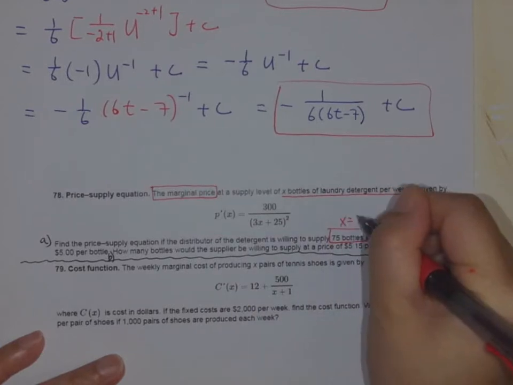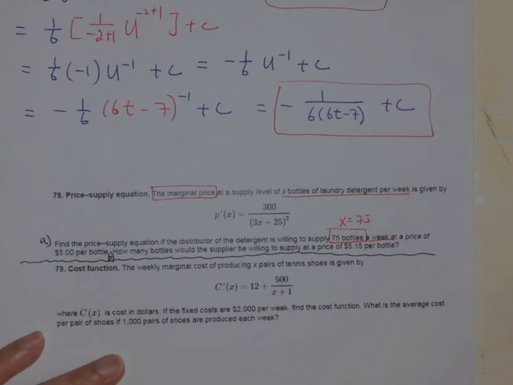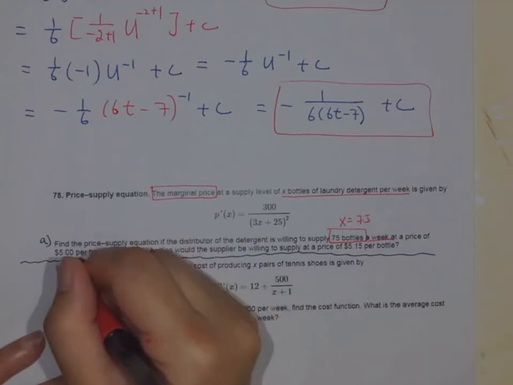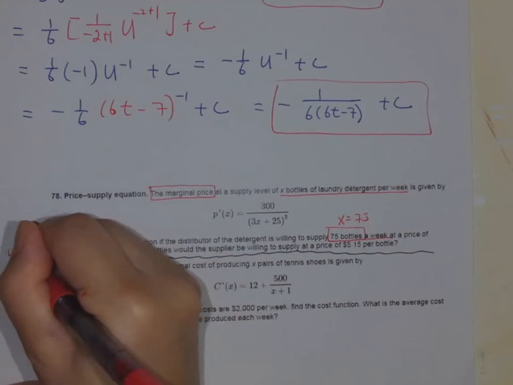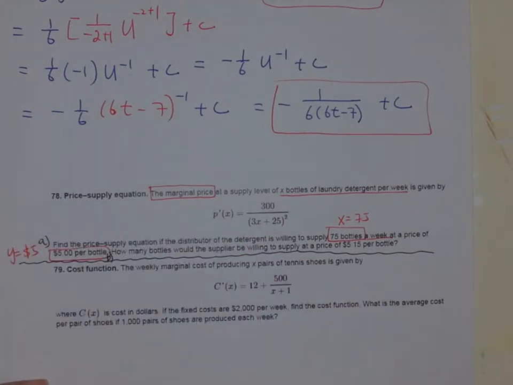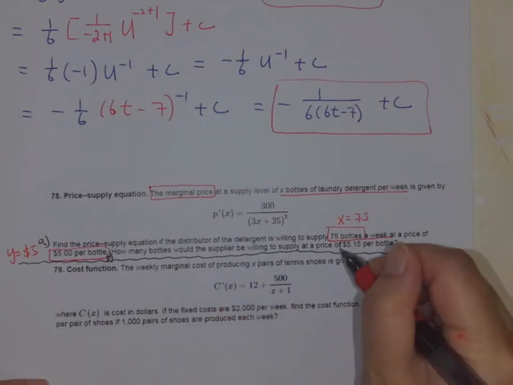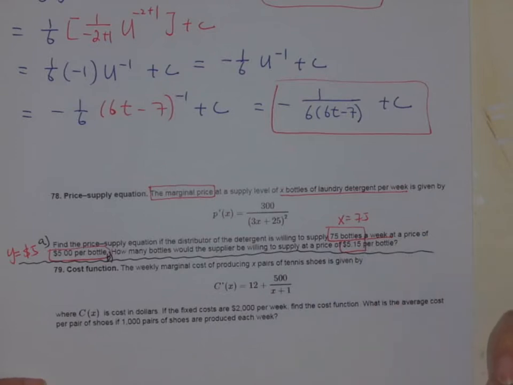So that would be my x value, 75 bottles, at a price of $5 per bottle. So this would be my y value, $5 is the price. And the second part, how many bottles would the supplier be willing to supply at the price of $5.15 per bottle. Okay, let's try this.